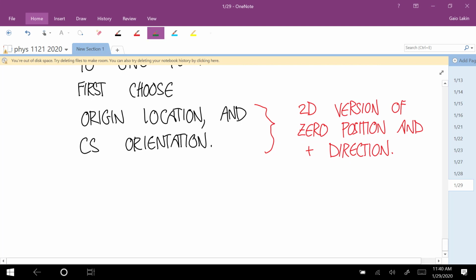So even before you choose them, the object that you're tracking exists whether you're there measuring it or not. But once you choose where the coordinate system is and the orientation of the X and Y axes, the position vector is the vector that goes from the origin of the coordinate system to the object.